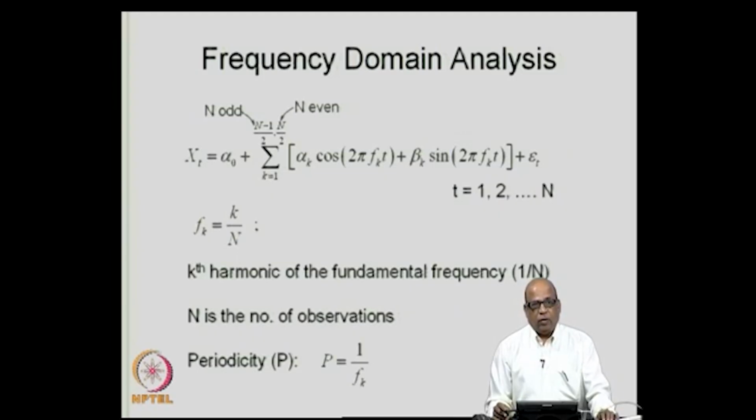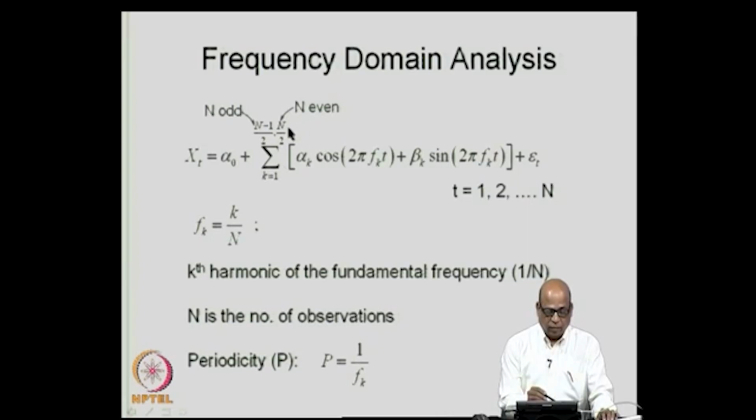So, the first level, as I said, we express the time series x t as consisting of different frequencies. For example, in this case we take a sinusoidal representation of the time series. We write x t as a constant alpha naught plus the summation over k up to n by 2, or n minus 1 by 2, where n is the number of data points that we have.